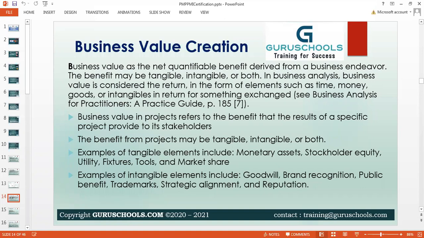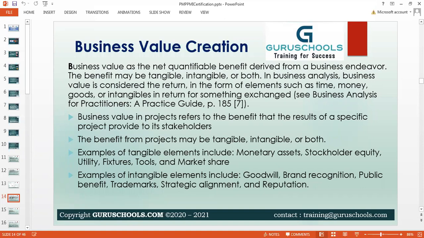If I have enhanced a robot, I can see the tools added to the robot. Market share means if the project was to acquire more market share, I can see the numbers coming to me. These are tangible elements which I can feel with my hand. I can feel the numbers.